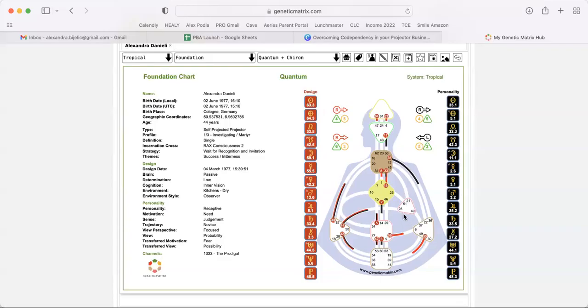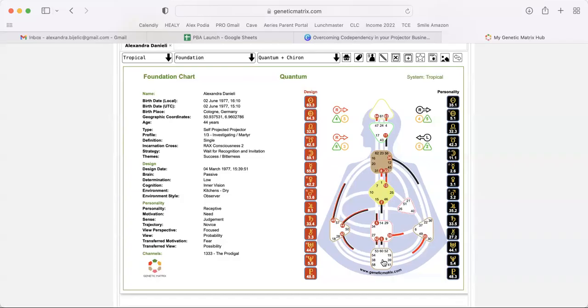It just means that I don't have an internal push from willpower, but I needed to get wise about my willpower in exchange with people, circumstances, events, and stuff like that. So I can now use my willpower really wisely. The same with any other undefined center or gate or channel. It's not that I don't have them, it's that I have to become wise about it. It's not something that I'm naturally born with.